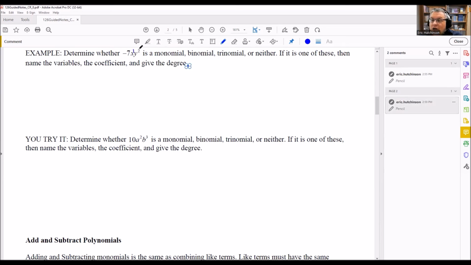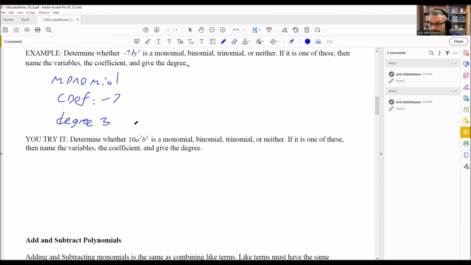So for this, it is considered to be a monomial because it only has one term. The coefficient is going to be -7. That's the number in front of the variable. For the degree, we need to add the two exponents together. So we have 1 and 2. So this is going to be a degree 3 monomial. So we just add the two exponents together. That's how you find a degree if you have more than one variable.